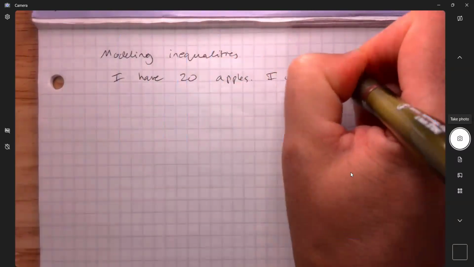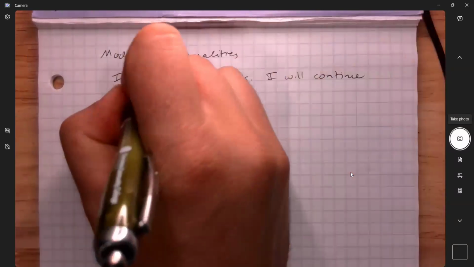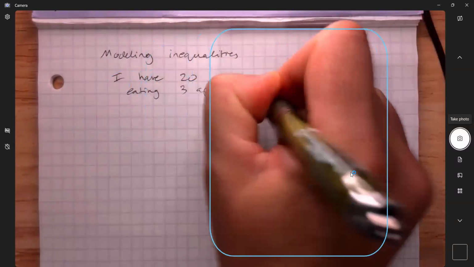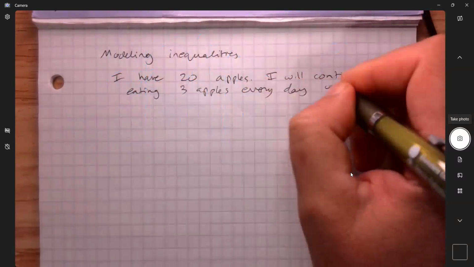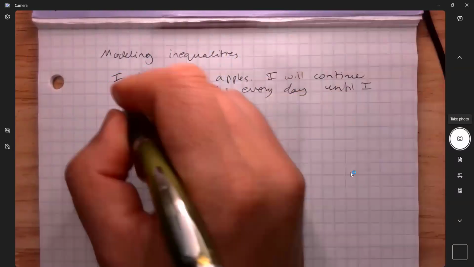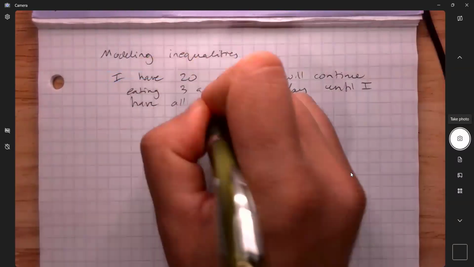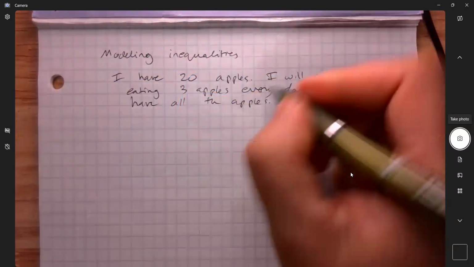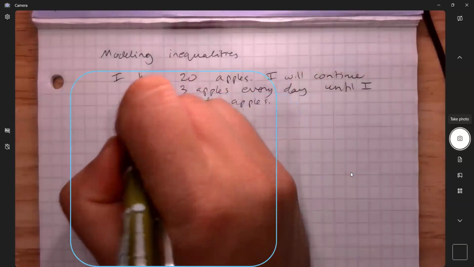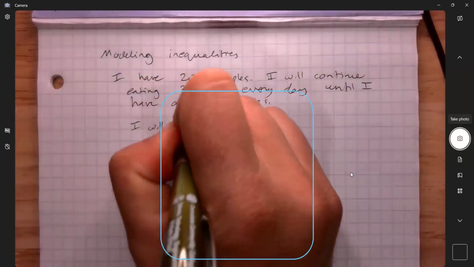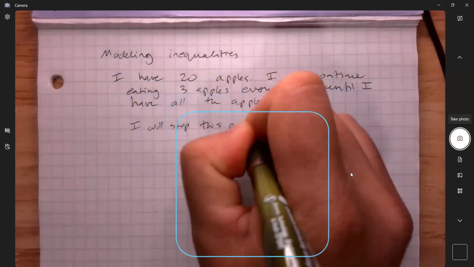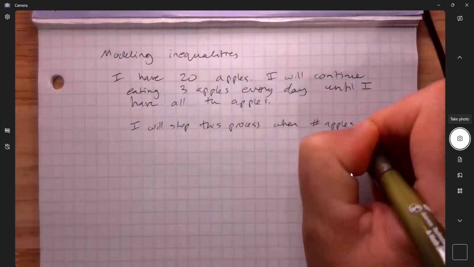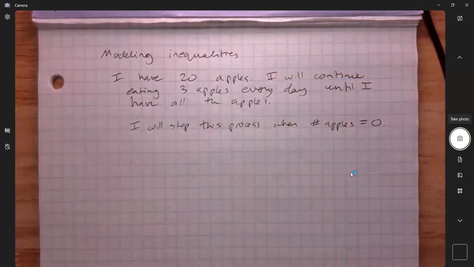I will continue eating 3 apples every day until I have eaten all the apples. This means I will stop this process when the number of apples equals 0 apples.